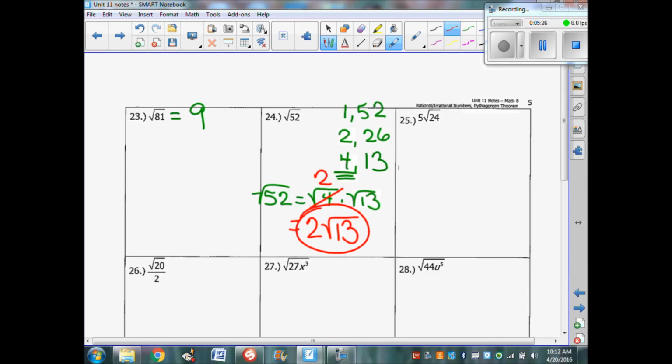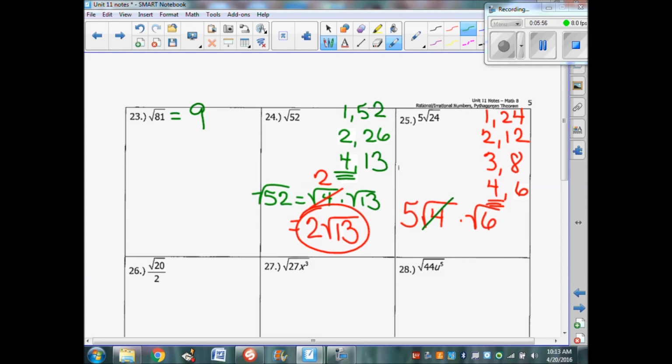25 gets a little bit interesting because we've got a 5 there, but I've still got to think about my factors of 24. And I start listing them out until I see a perfect square. And I notice that 4 is a perfect square. So the way I'm going to rewrite this one, I can't forget about that 5 that's outside, but I'm rewriting my square root of 24 as the square root of 4 times the square root of 6.